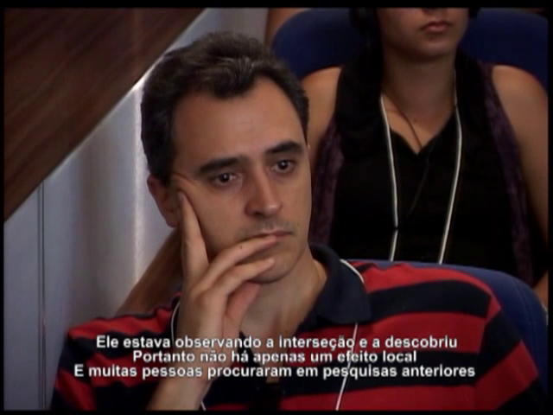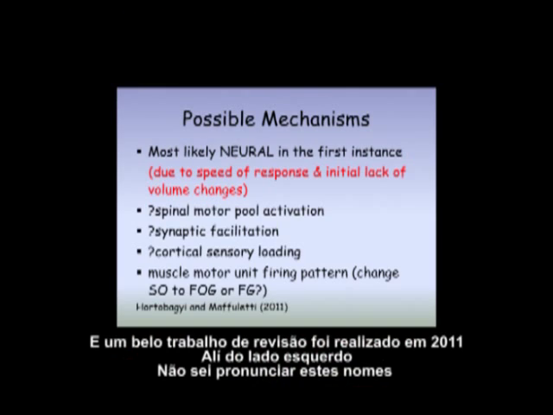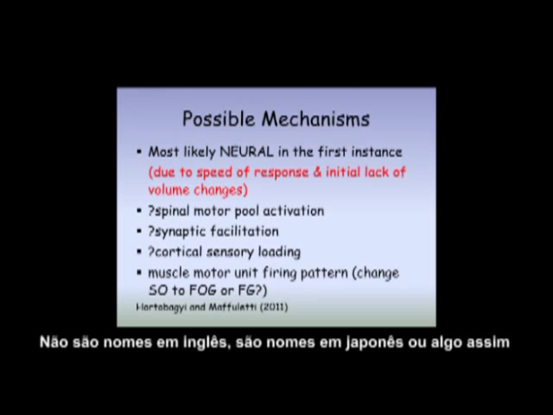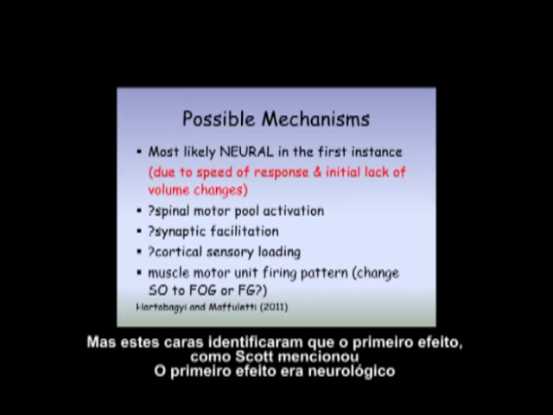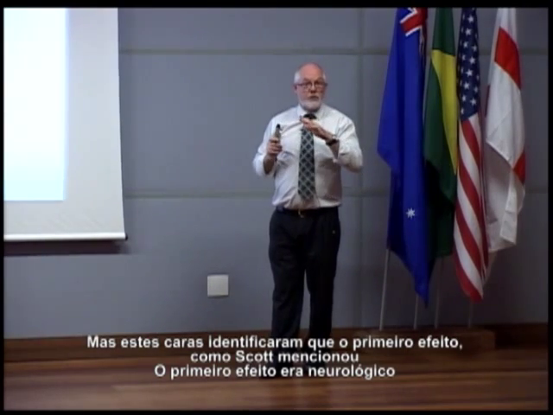And a lot of people have looked since, that's early research, and there was a lovely review paper in 2011, and you'll have to write that down because I can't say those names. They're not English. But these guys identified that the first effect, and again, Scott mentioned it, was neurological.